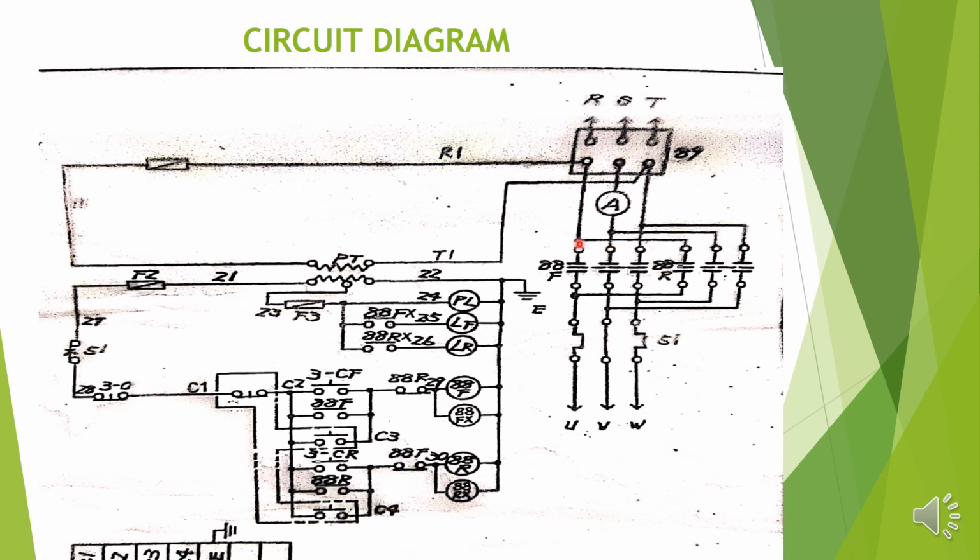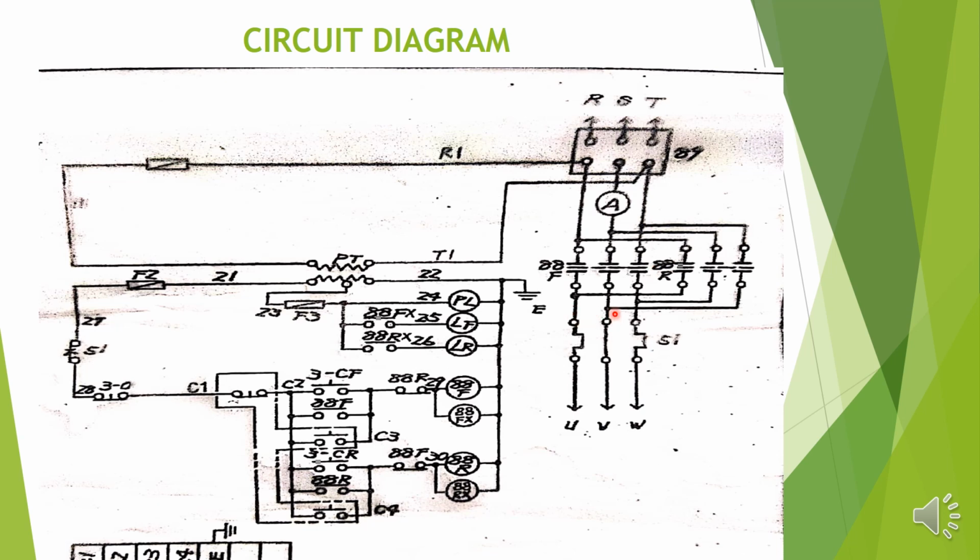See how it changed here. Initially L1 is connected to the contactor 88R, L1 connected to the same line. But in the next circuit you see L2 is connected to T3 and L3 is connected to T2, which means two phases are changed.